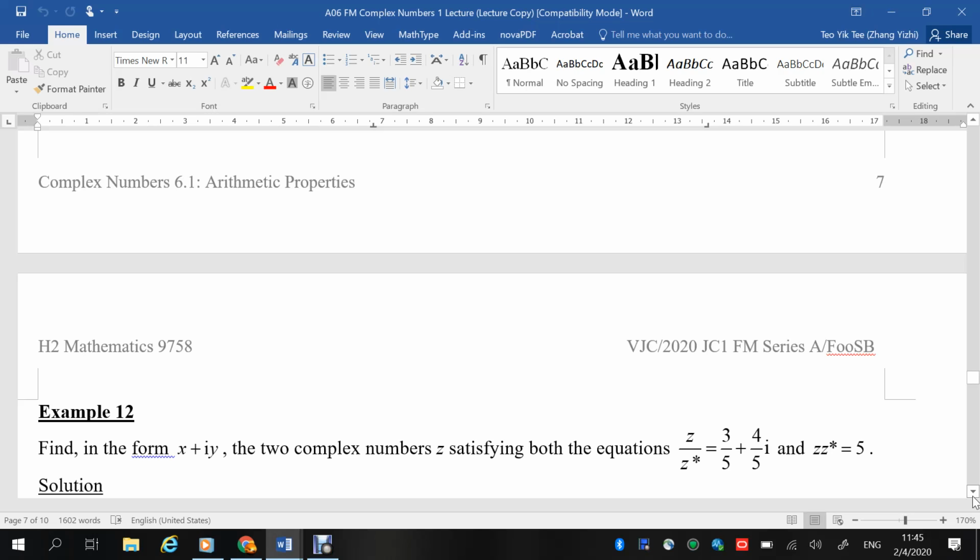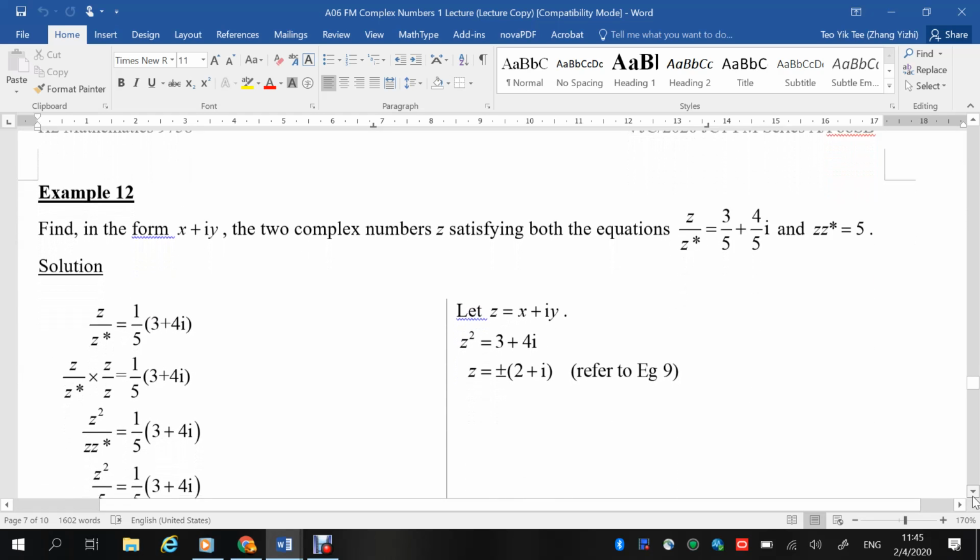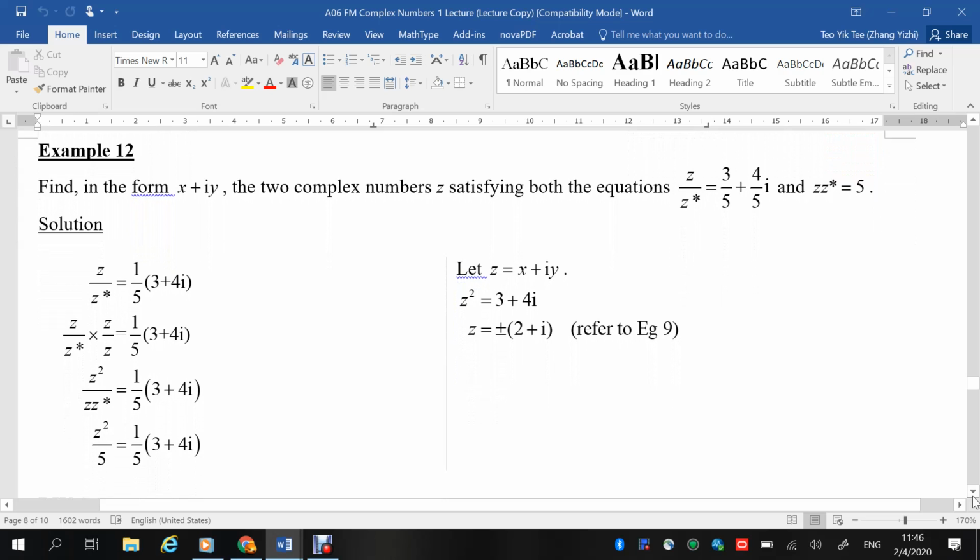Make sense? For this question, I have printed the solution for you, so nothing much for you to copy. What I want you to focus on is the left-hand column first. Let's run through the solution. This is your first equation: z over z conjugate equals 305 plus 405i.